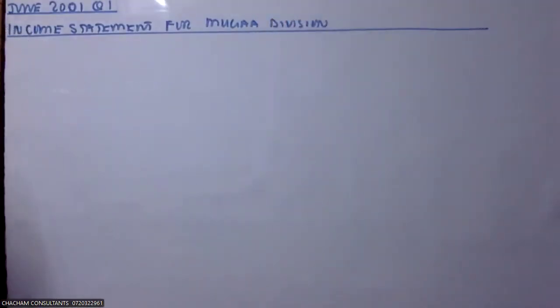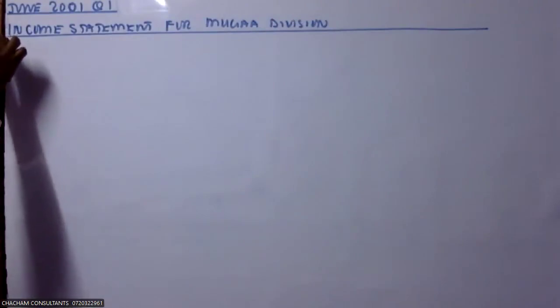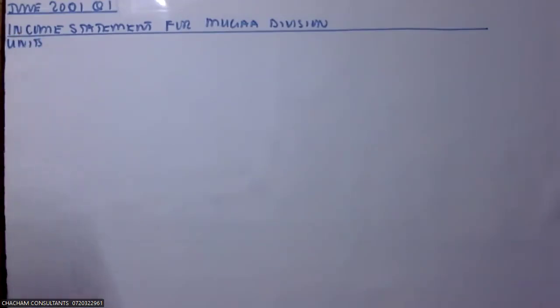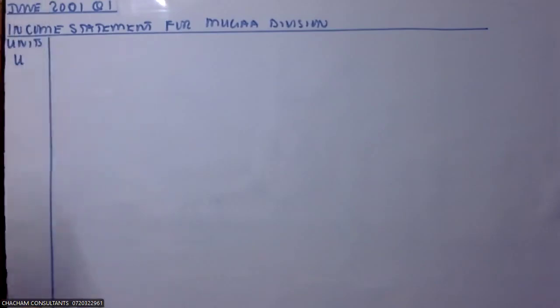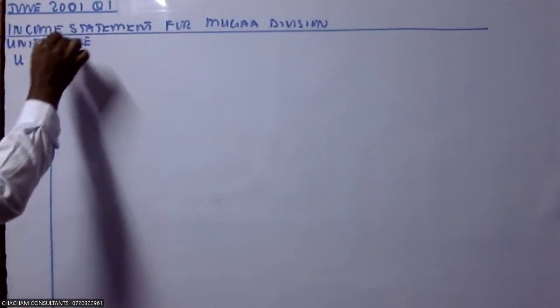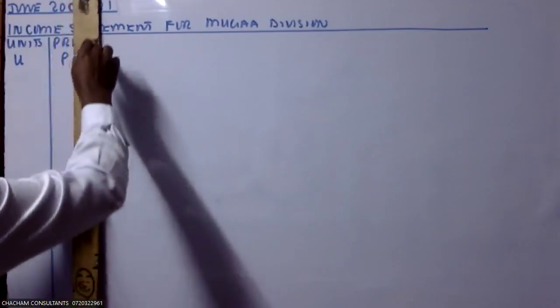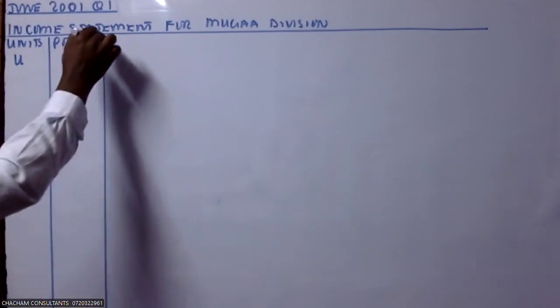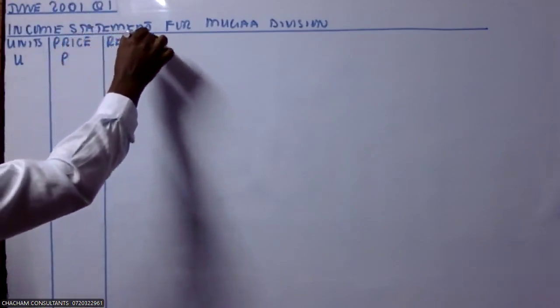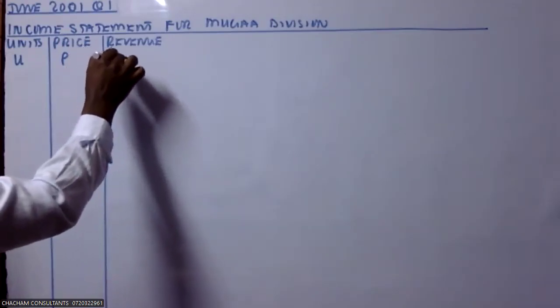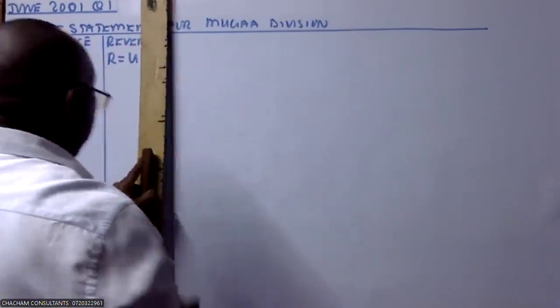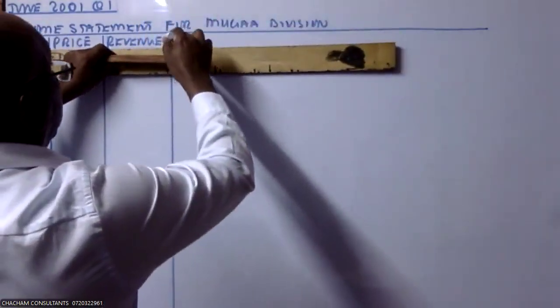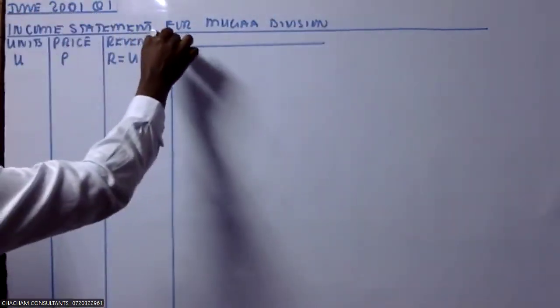Mugaa is the supplier. So we will have the units, which I want to call U. We will have the price, which I want to call P. We will have the revenue, which I want to say R will be equal to U times P. Then I will have variable costs.